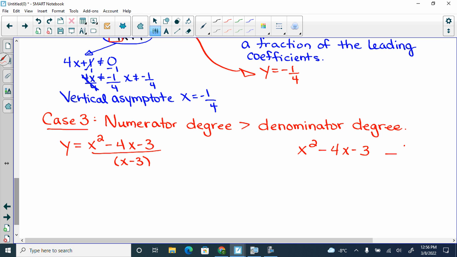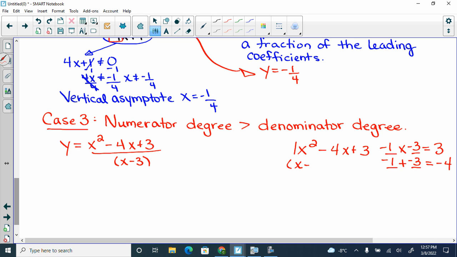So we go, what times what equals, this should be a +3. It's never going to work, so that's -3. What plus what equals +3? And then what times what equals +3? What plus what equals -4? -1 and -3. If I had left it the other way that I said first, there's no way it would work. Now I can go straight up to brackets only because there's a 1 in front.